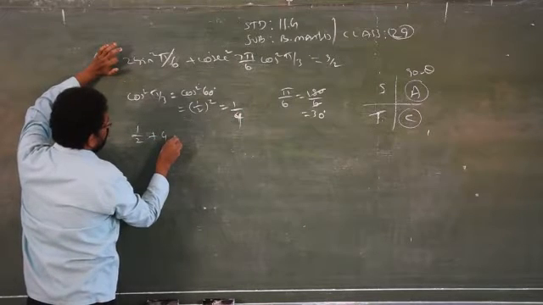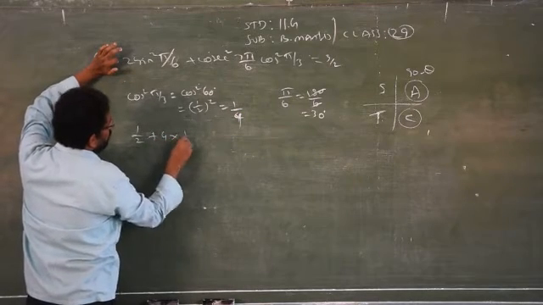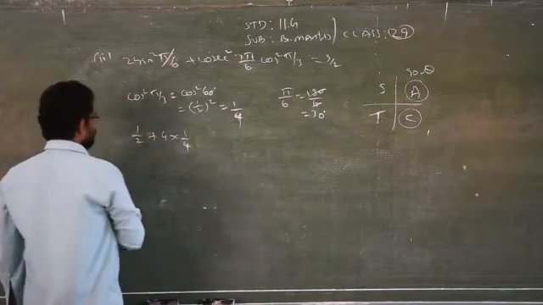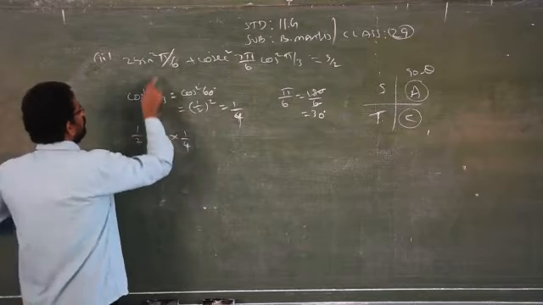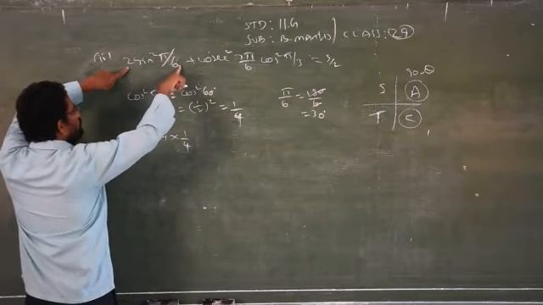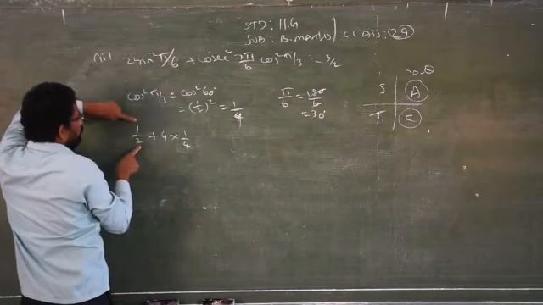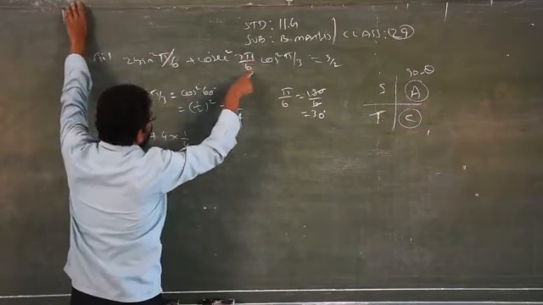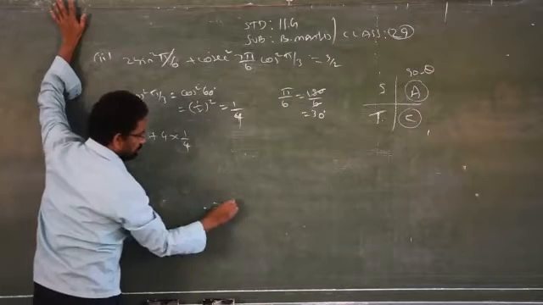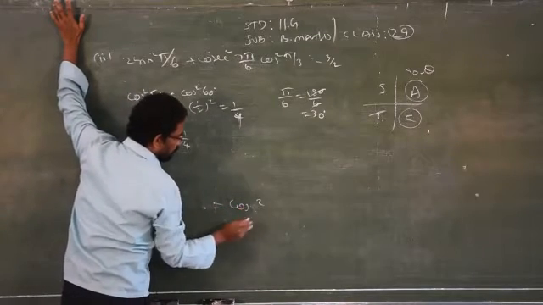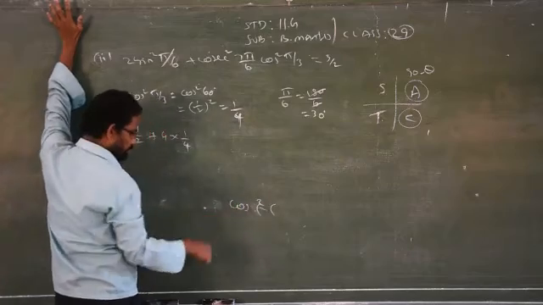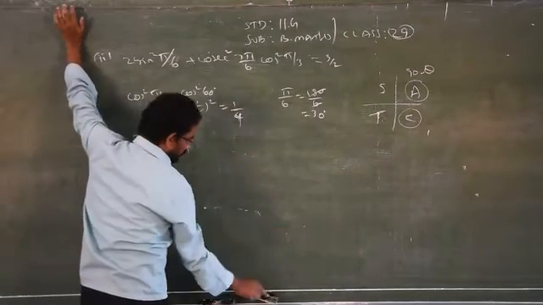You got 4 into 1 by 4. We found already this answer for 2 sin square pi by 6, 1 by 2, then cosecant square 7 pi by 4, we found already 4, because it is minus cosecant square, but minus stands for inside the angle. So when you square the negative, negative will become positive.